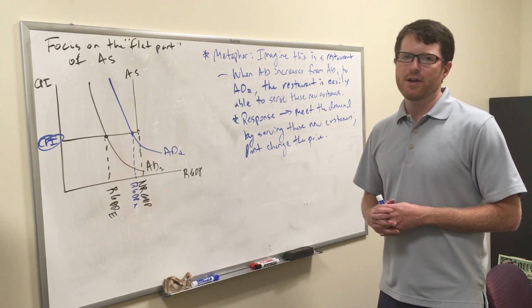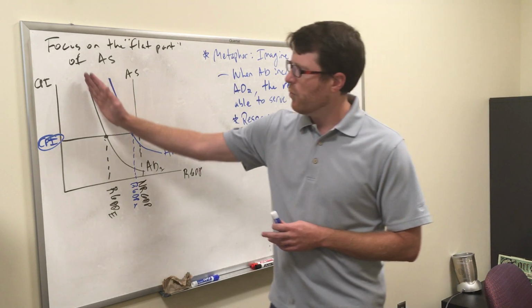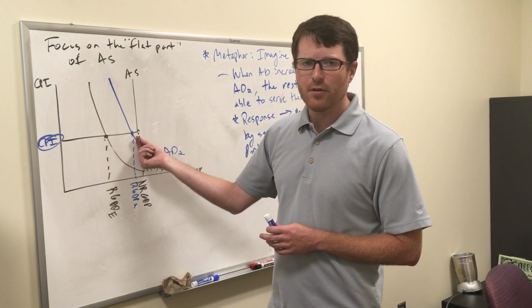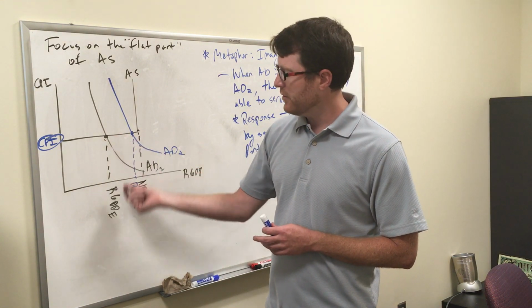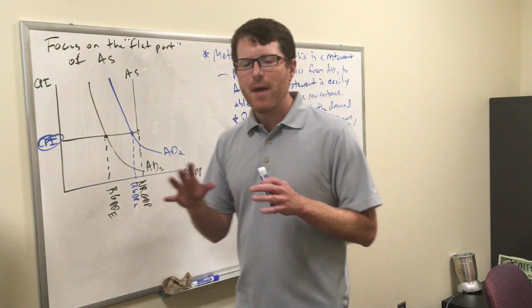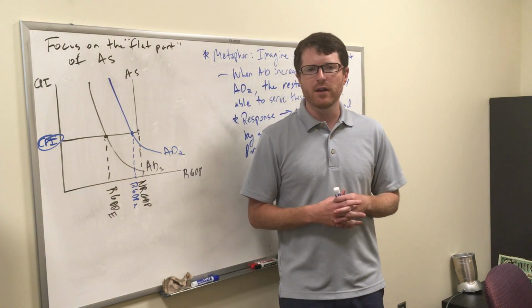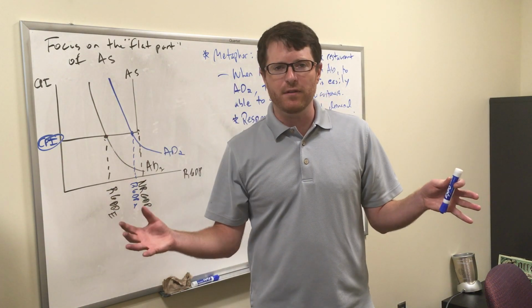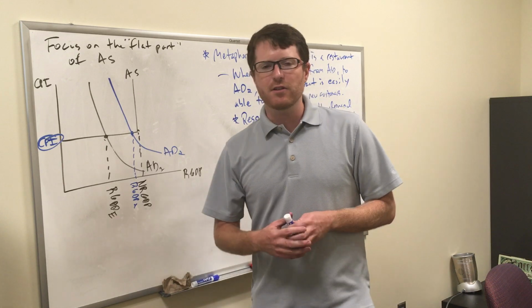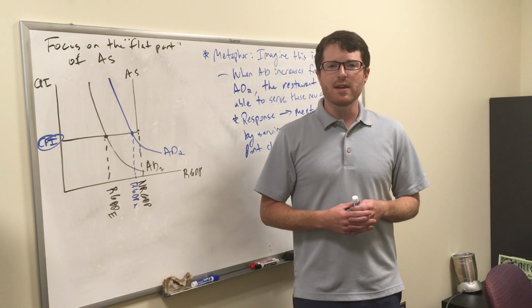This is how Keynes saw the economy. When the economy is producing way below its potential, like it is here, and aggregate demand increases, the economy simply produces more. From a macroeconomic perspective, there are millions of businesses out there. When aggregate demand rises, the businesses just go out and hire more employees.